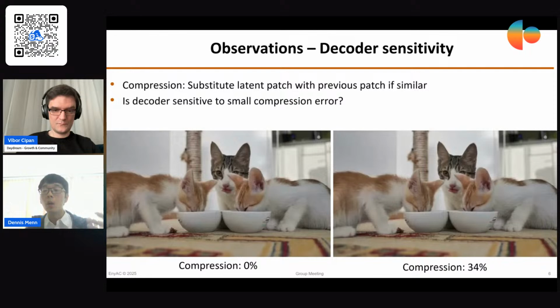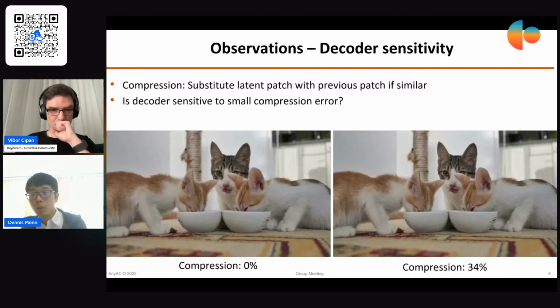Also, we found the decoder is insensitive to compression error, which means the result is basically the same if you switch the current patch with the previous one. Combining these two properties, we know latents have some properties similar to pixels, that is critical for adapting video compression algorithms.